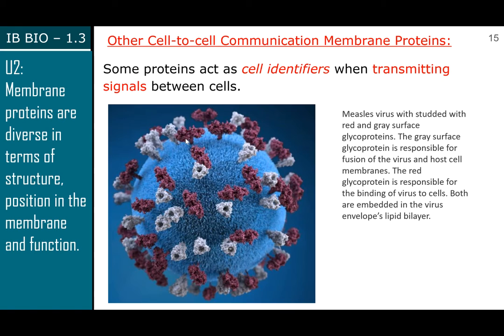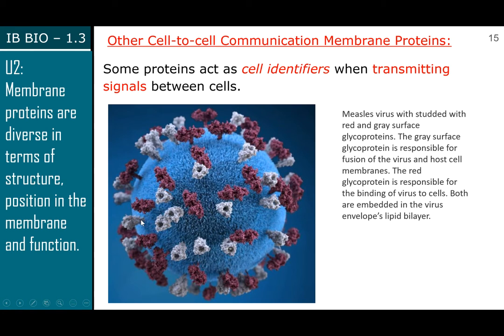So this is actually not a human cell. This is a measles virus. And you can see the measles virus has a cell membrane, and it has these, it looks like coronavirus, but it's not. But it has these little stud things on the outside. Some of these little stud things are identifiers.